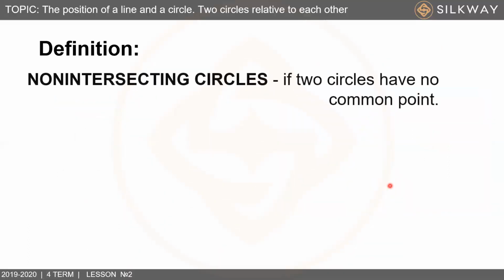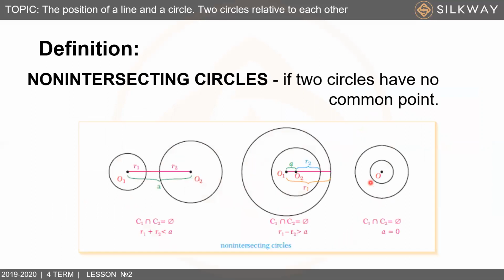Definition. Non-intersecting circles. If two circles have no common point, they are called non-intersecting circles. In the first figure, here we have two circles, and the radius of the first circle is r1, and the radius of the second circle is r2.